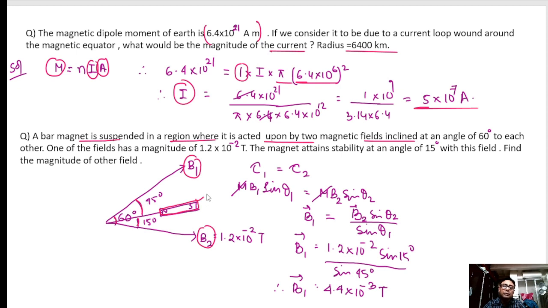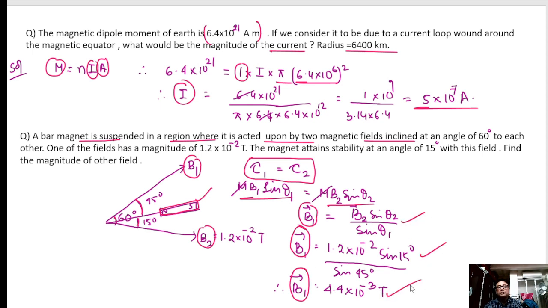So because it is in equilibrium, the torque acting due to both the magnetic fields on the bar magnet will be same. So this is the formula of the torque. So we can find out the magnetic field of the first one, the second one. Magnetic field is given to us and the angles are known to us, so we can find out the first magnetic field.